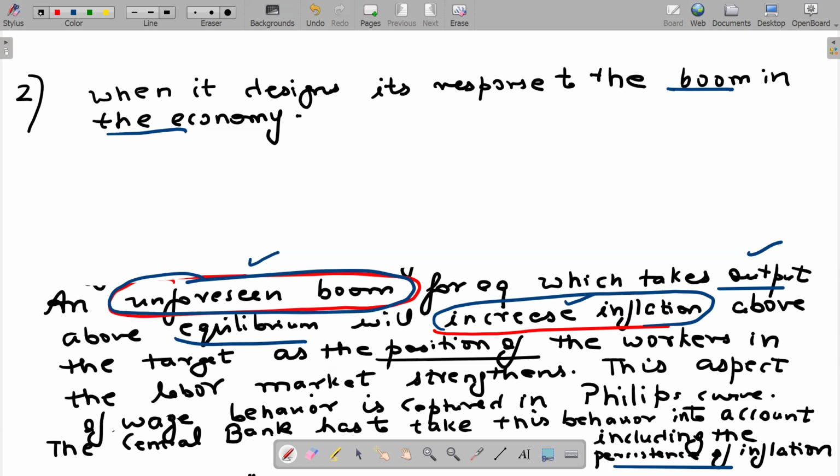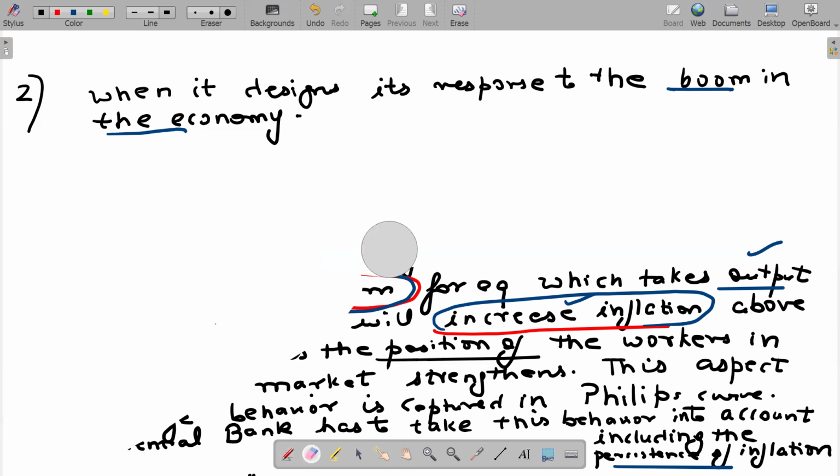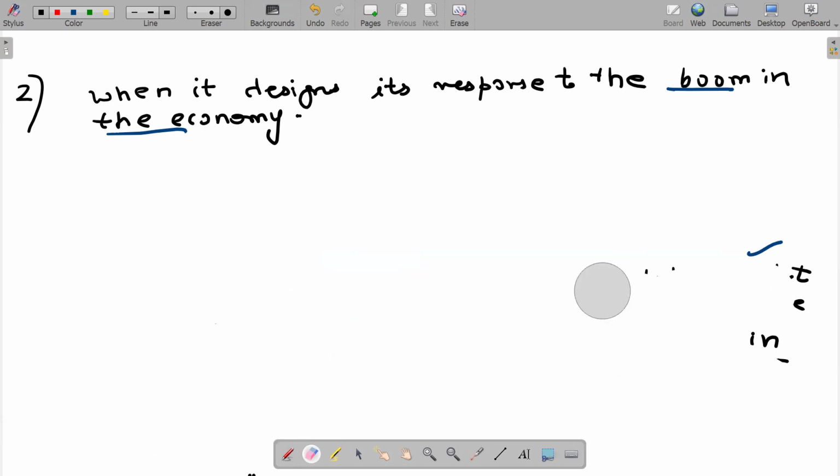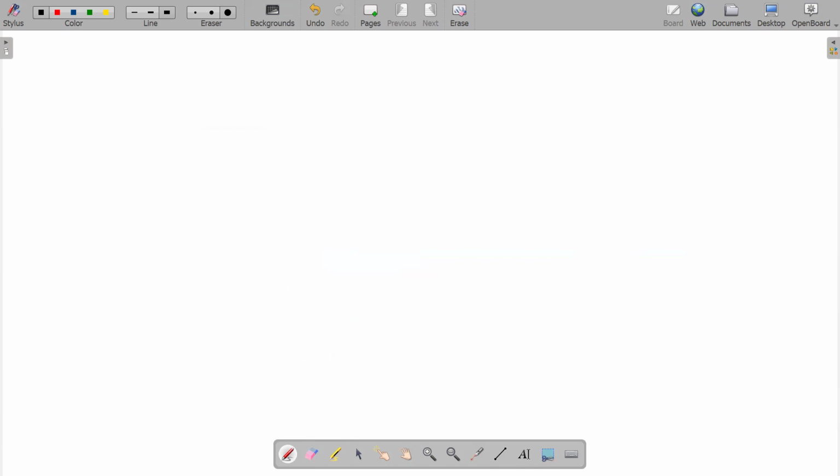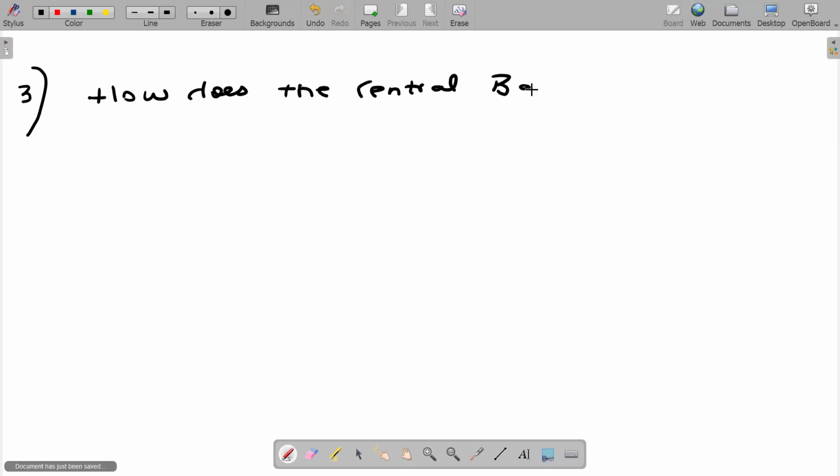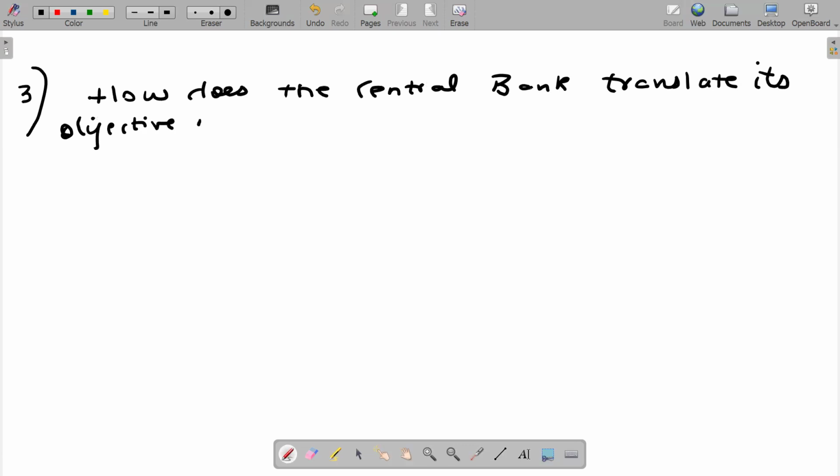The third question now. For that, I'm erasing the bottom paragraph completely. The third question: how does the central bank translate its objectives into monetary policy?